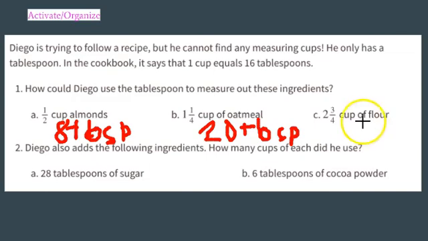A little trickier, but not terrible. 2 times 16 is 32. 1/4 was 4, so 3/4 would be 12. So 32 and 12 would give you 44 tablespoons.